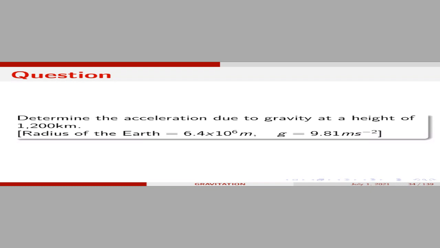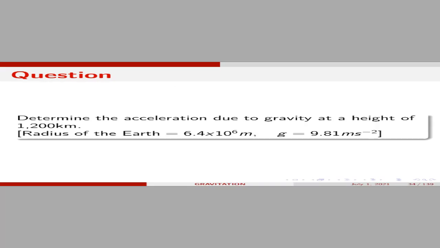So how do we do this question? It's very interesting and very simple. Okay, so let me create my new board. I hope you can see my new board. So, solution. We are asked to find acceleration due to gravity at a certain height.